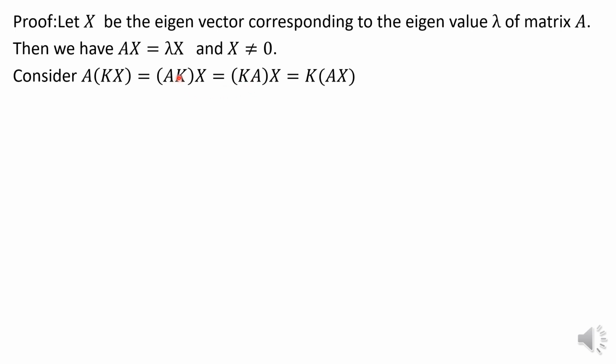If k were a matrix, then we could not write Ak as k into A. But k is a number, so we can write A into k as k into A.